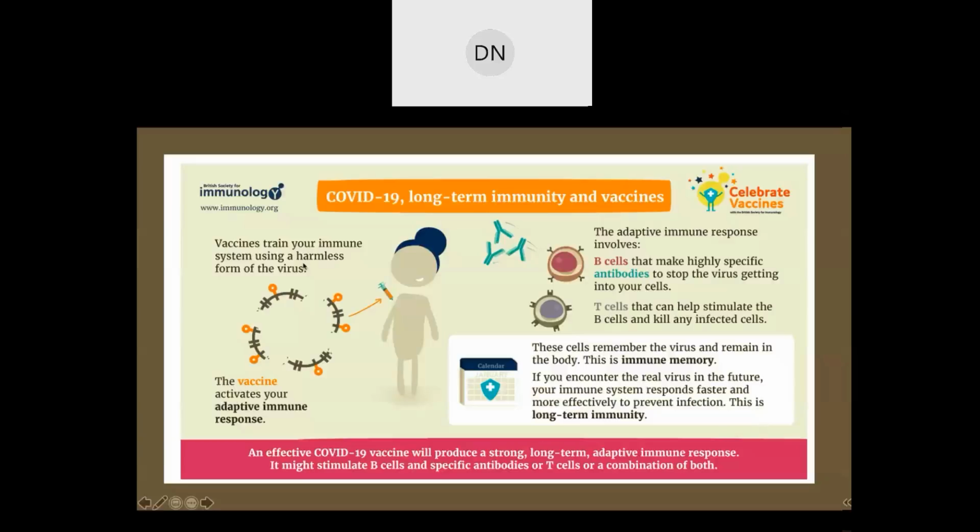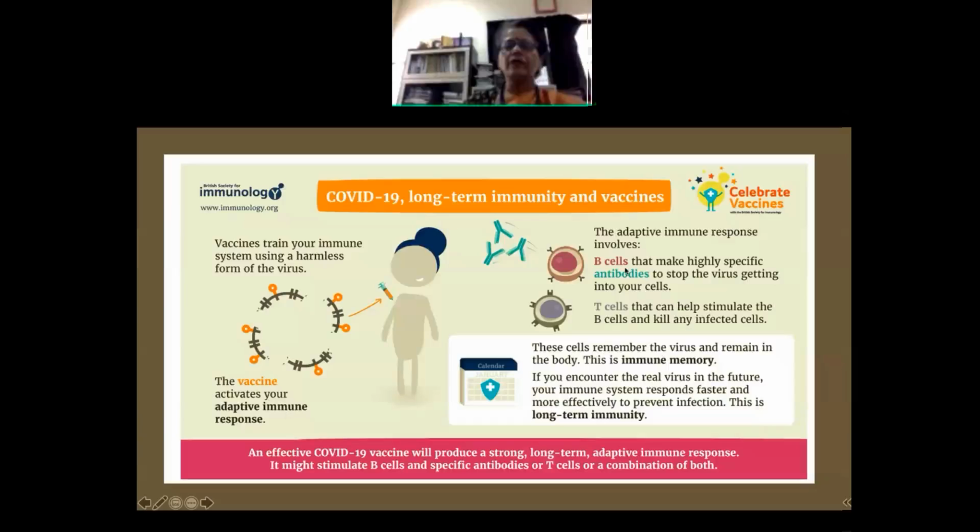The adaptive immune response, as I was telling you, will involve the B cells and the T cells, obviously the immunological memory. So, what I have to tell you here is that development of COVID vaccine just didn't happen overnight. The globe was working on some component of vaccine delivery. The pandemic made a path-breaking movement towards COVID vaccine development.